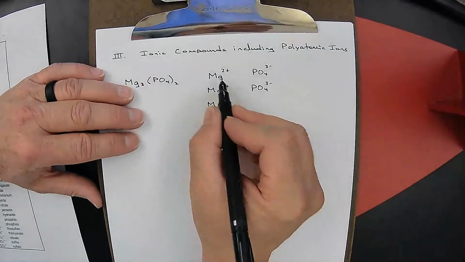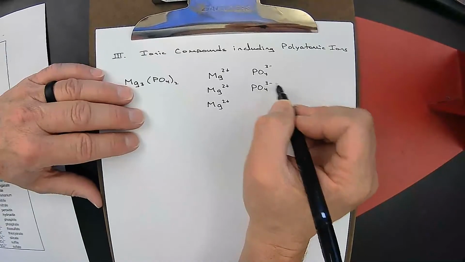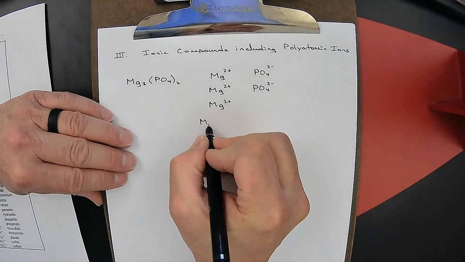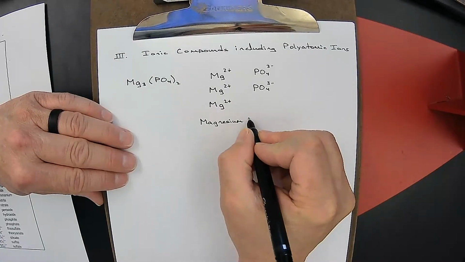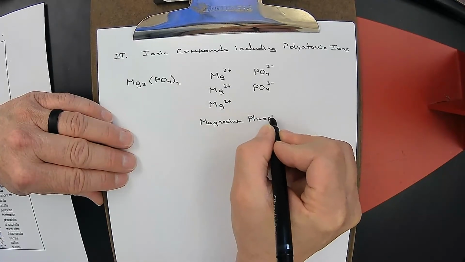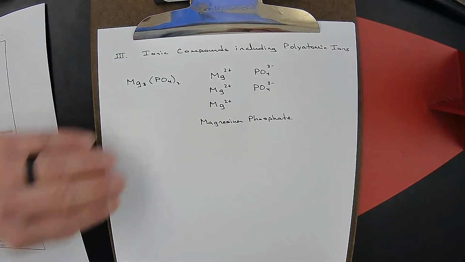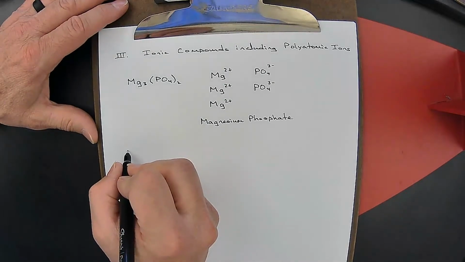So now, 2 plus 2 plus 2 plus is a 6 plus. 3 minus 3 minus is a 6 minus. And the name is going to be magnesium phosphate. Magnesium phosphate.